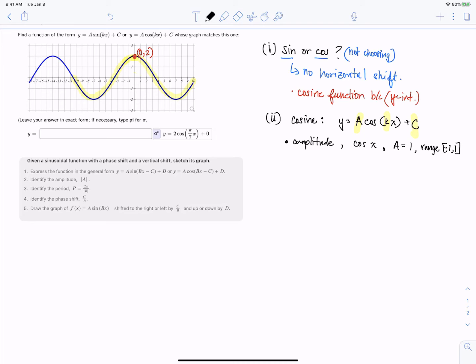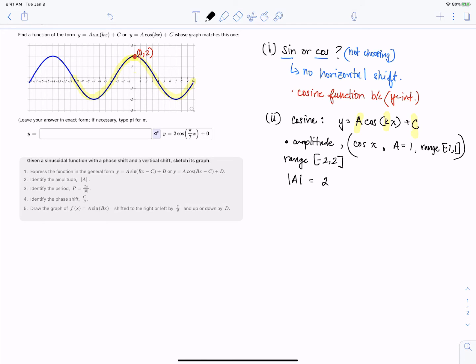But here we can see that when I go along this periodic function, it doesn't toggle between -1 and 1, right? It's actually stretched a little bit vertically, and it goes from -2 to 2. So now we can see that because the range in this function is -2 to 2, the amplitude a is equal to 2.